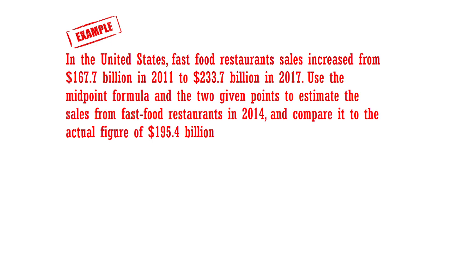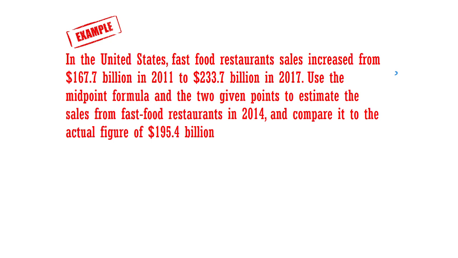All right, one more application of where you could use the midpoint formula. It says in the United States, fast food restaurant sales increased from $167.7 billion in 2011 to $233.7 billion in 2017.